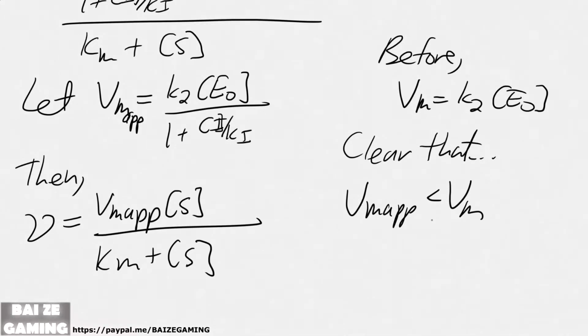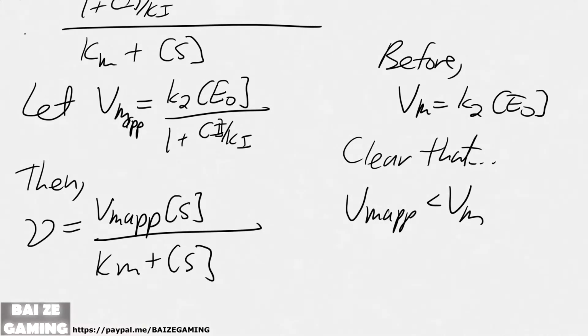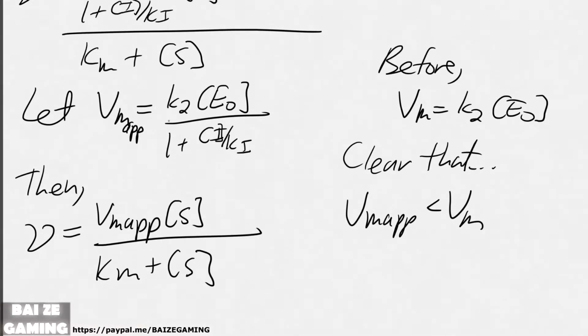If it has this kind of inhibition where you're increasing the denominator, you're going to be decreasing Vm app, and it's clear that the product formation rate of P is going to decrease in this case. There's no doubt about it.